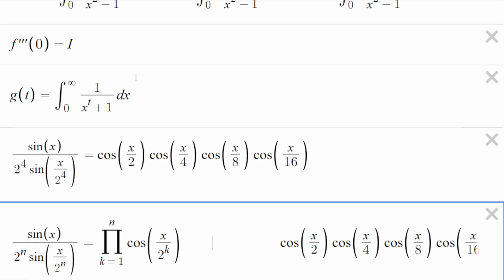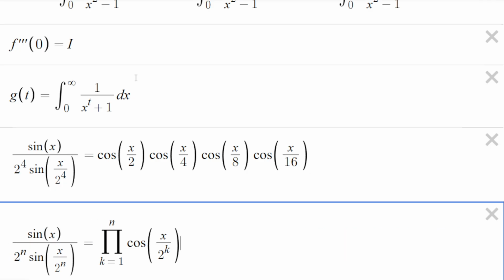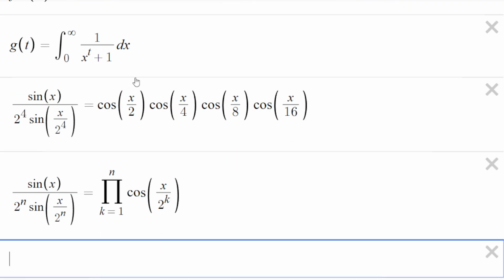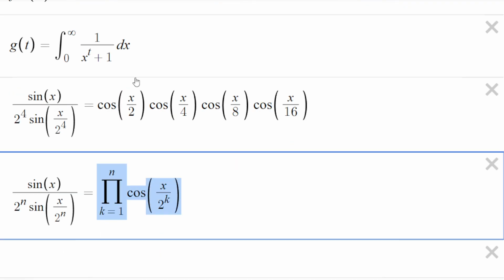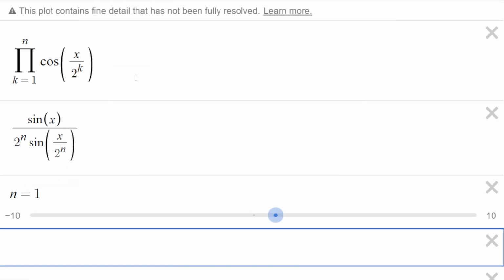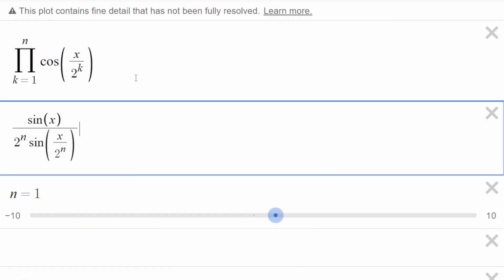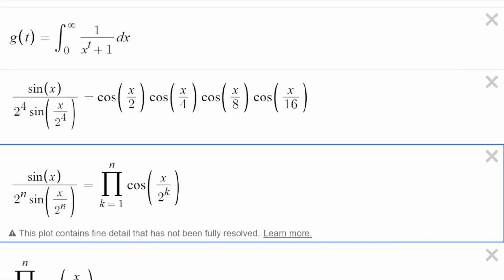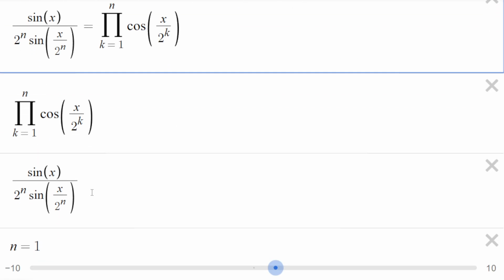And now I'd just like to show you that this actually does work. All right, so what we're going to do is we're going to copy this down here, and we're going to also copy this right underneath it. And then we're going to pick an n. Okay. Let's get rid of this one.